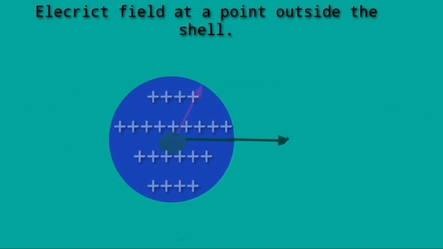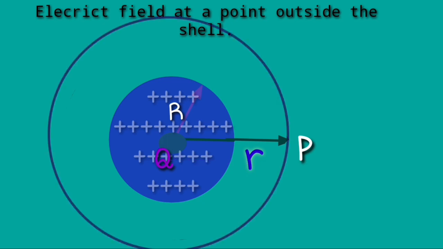Consider a hollow spherical shell of radius R. Here the charge Q is uniformly distributed all over the surface. Now we have to find electric field at point P, which is at a distance r from the center of the sphere. Now we draw a sphere of radius small r.